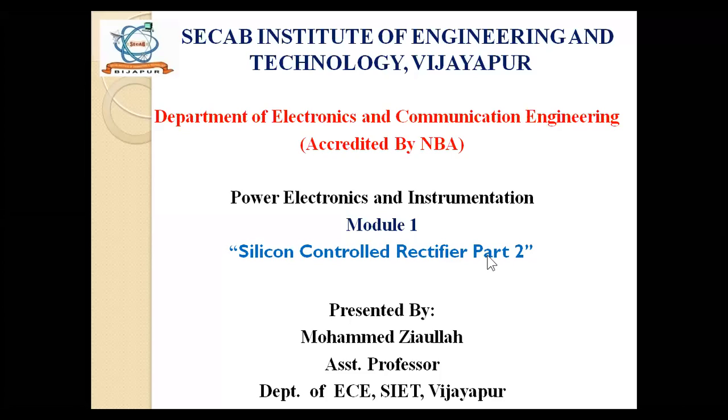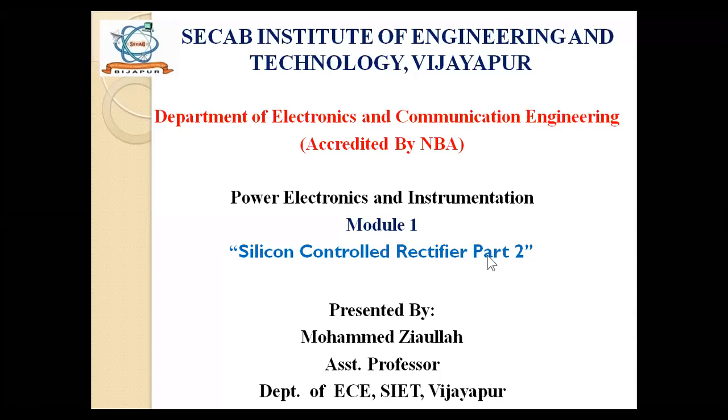In my previous video lectures, I showed the importance of power electronics, where it is being used, what the actual family of power electronics is, and the different types of power electronics circuits.